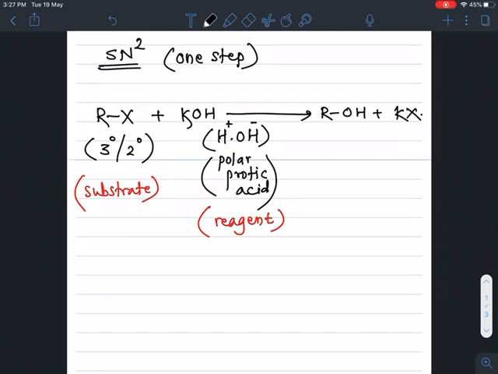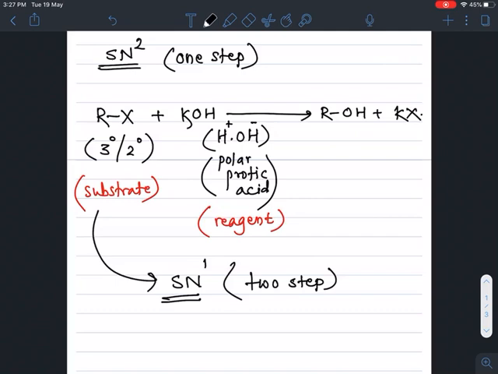Now see here, if the alkyl halide is tertiary, then which type of SN reaction does it undergo? Tertiary alkyl halides mostly undergo the SN1 reaction, which follows a 2-step reaction mechanism.